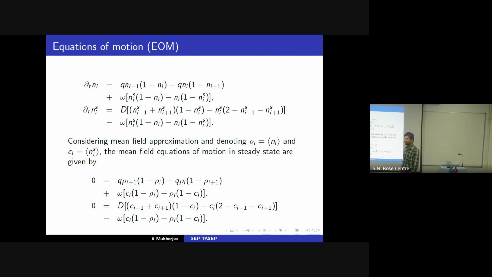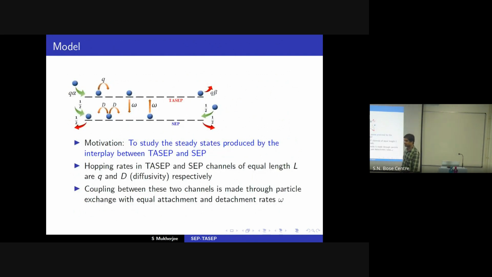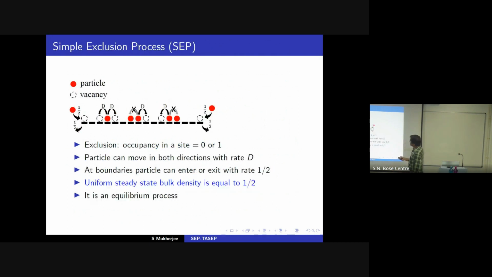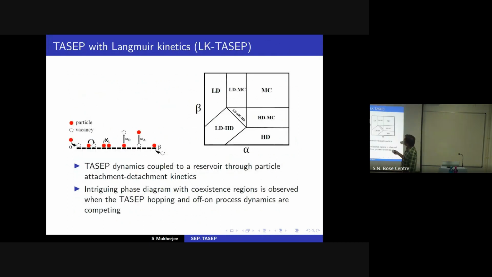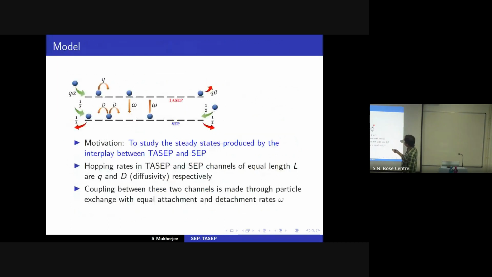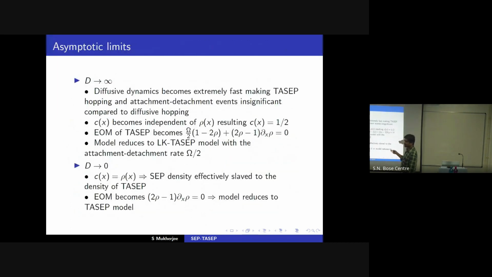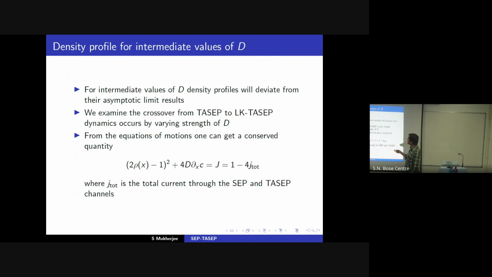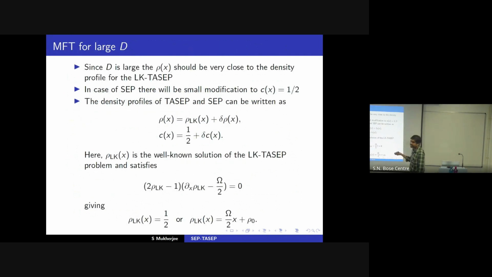What can you say about the dynamics of the system? You have presented results for the phase diagram, but can you say anything about dynamics? Dynamics, what do you mean? Correlations. You see that when D goes to 0, the rho density is completely the same as the rho passive density.